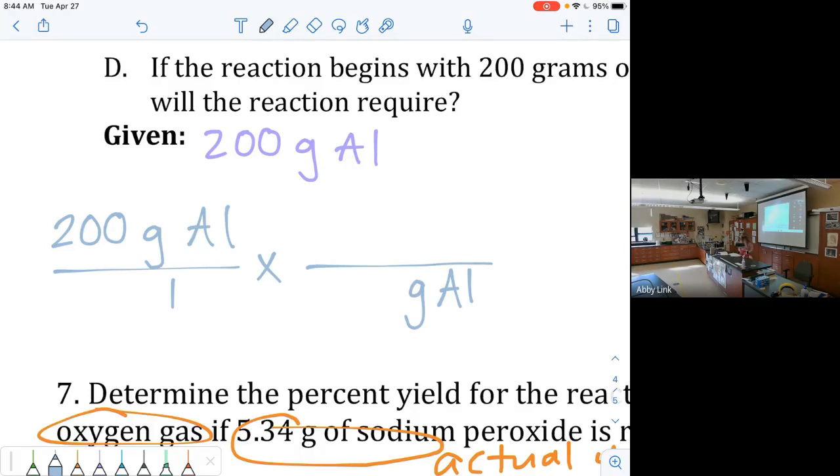Is this going to be a mole ratio or is this going to be a molar mass value? Molar mass value, okay? So I'm looking for aluminum on the periodic table. It's number 13, 26.981538. Let's round to two decimal places, so 26.98. Always 1 mole with our molar mass.